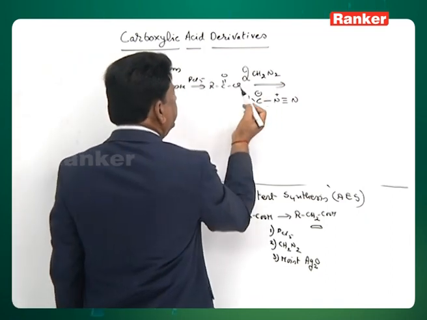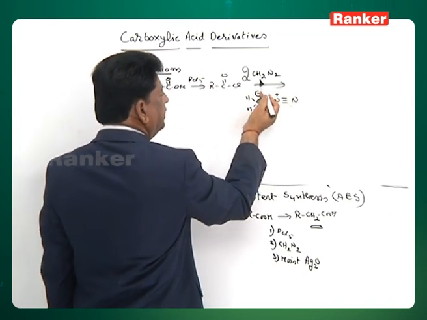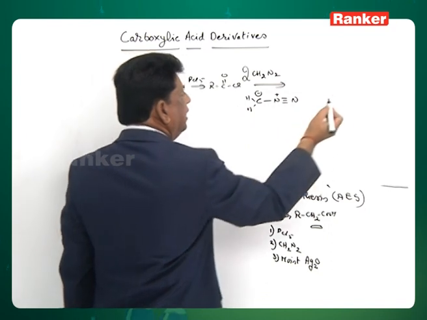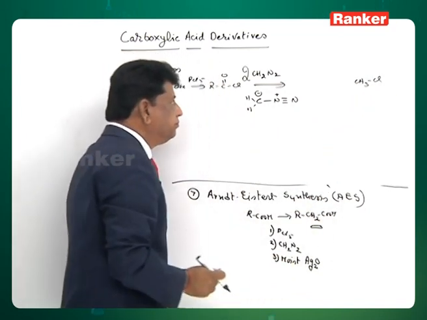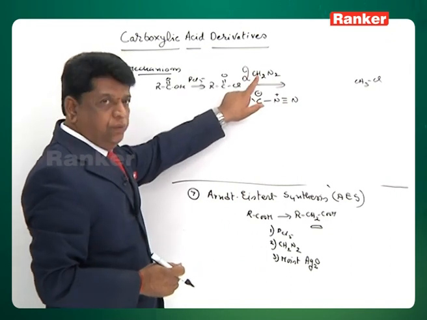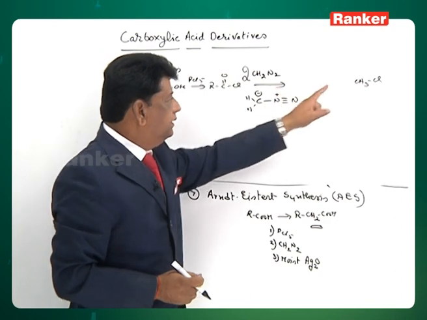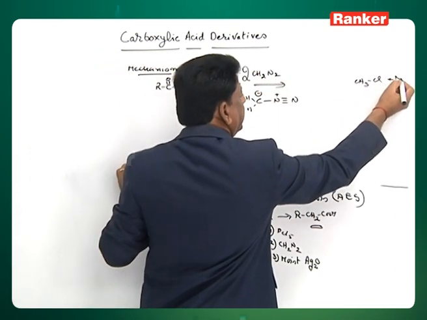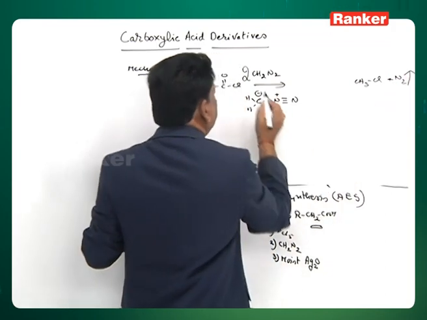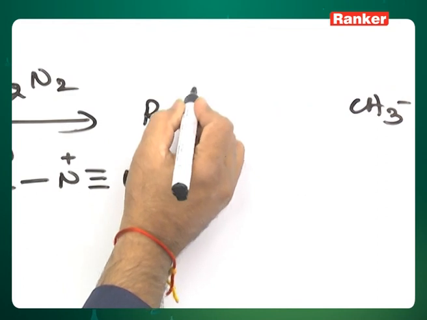One of the CH2 liberates the H, that will become CH3 plus Cl. One of the byproducts is CH3Cl, where it is formed from 1 CH2 plus hydrogen of the other CH2 becoming CH3 plus Cl, CH3Cl. So, 1 nitrogen also will be expelled out, but 1 CH2 without hydrogen is stuck to this RCO.